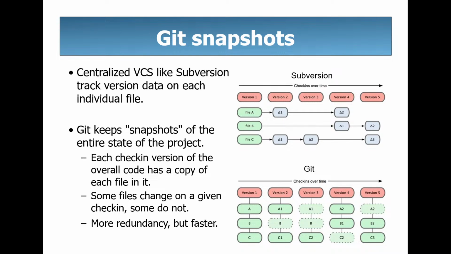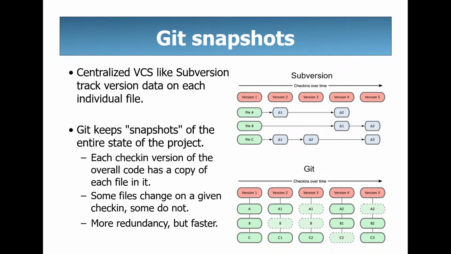This approach conserves storage and improves efficiency. Git only stores the new or changed files as part of the snapshot, with unchanged files being referenced from earlier snapshots.